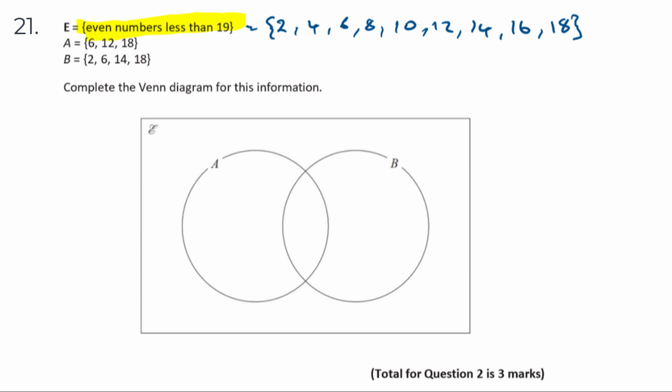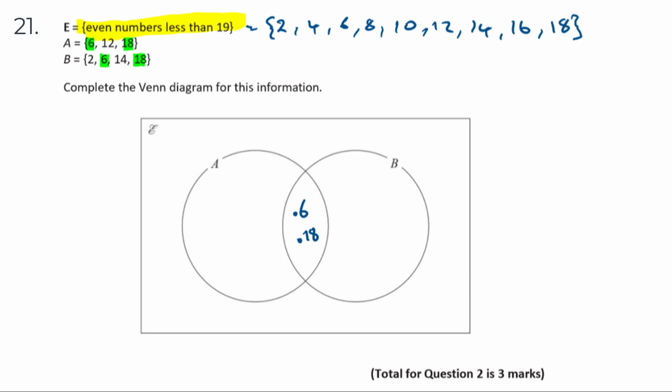Now, some of them are going to be inside these circles. Okay, taking a look at sets A and B, you can see that they've got 2 elements in common, haven't they? I've got a 6 that's in both and an 18 that's in both. So those 2 elements belong in the center, in the intersection of these 2 sets. So the 6 belongs here, and the 18 belongs in the middle as well.